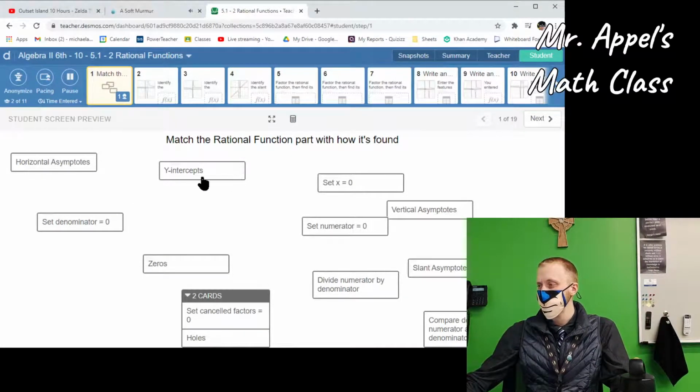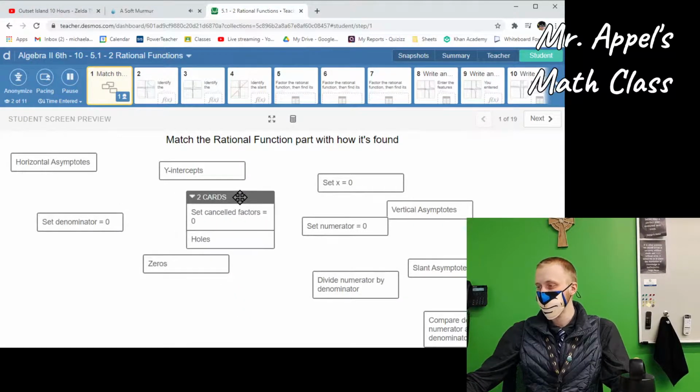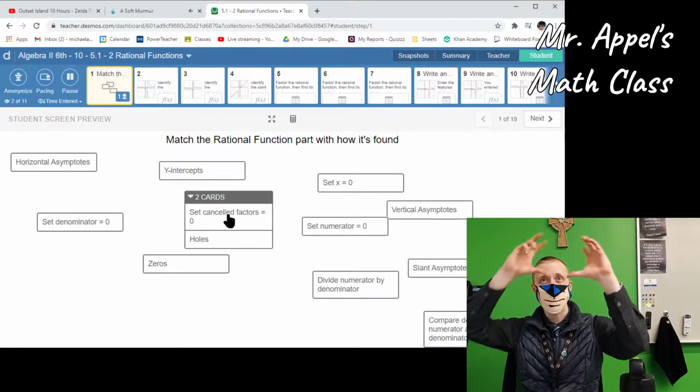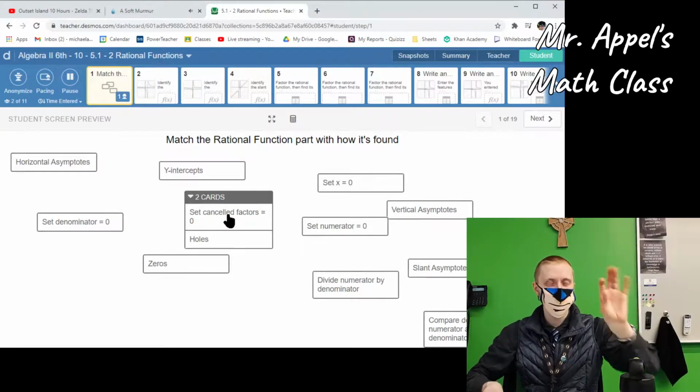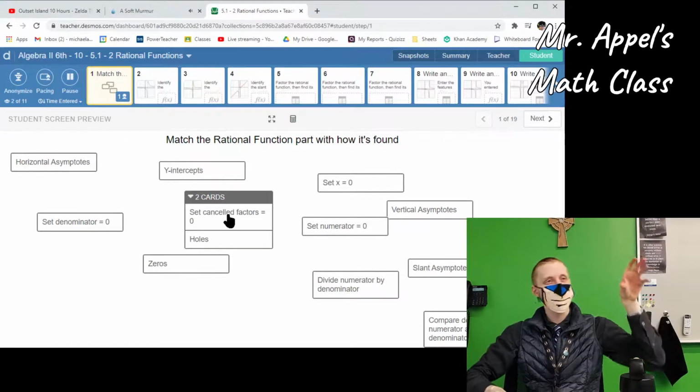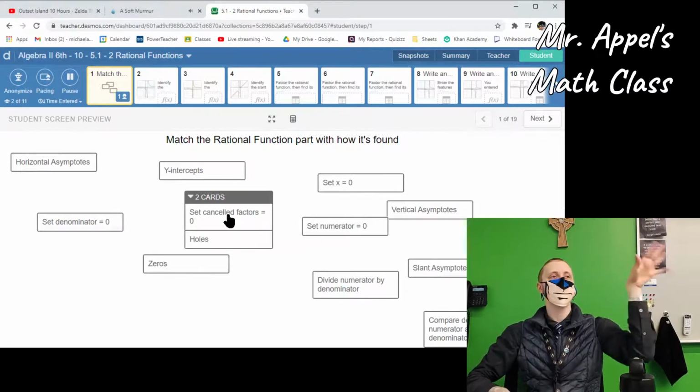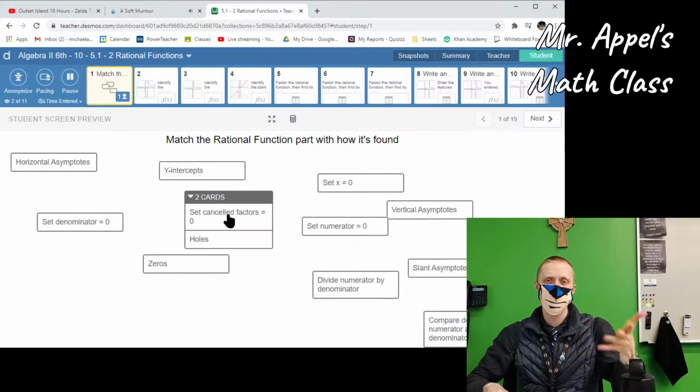So start with the matching up process. How was it found? I've done one, possibly the hardest one here for you, right? To find the holes, you have to set the canceled factors equal to 0, because you'll cancel out the x minus 5 over x minus 5. So ZPP rules, technically you set x minus 5 equal to 0, solve for x to find out it's positive 5.